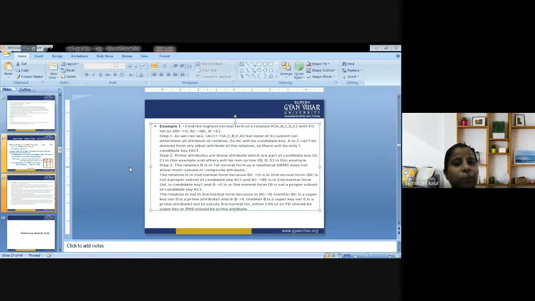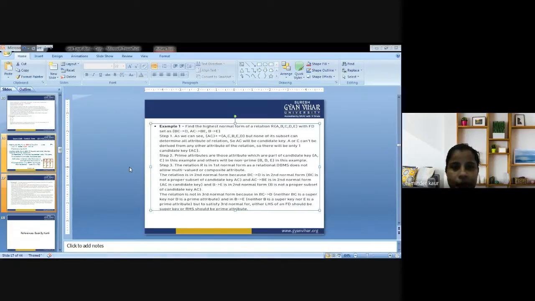So there will be only one candidate key, that is AC. Next there is step 2: prime attributes are those attributes which are part of the candidate key AC. The others will be non-prime, that is B and D.